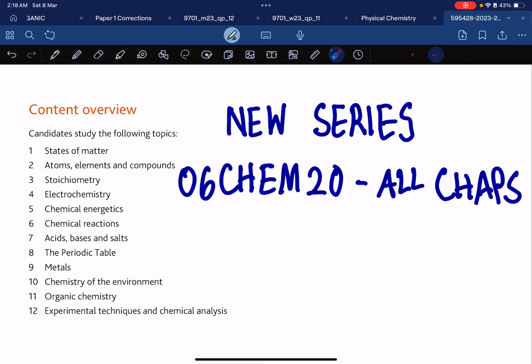Now the same with the cooling curve. I'll have my gas on top, liquid here, and my solid here. This is my condensation point, and this is my freezing point. Why? Because over here I have a gas changing to a liquid, and over here I have a liquid changing to a solid.